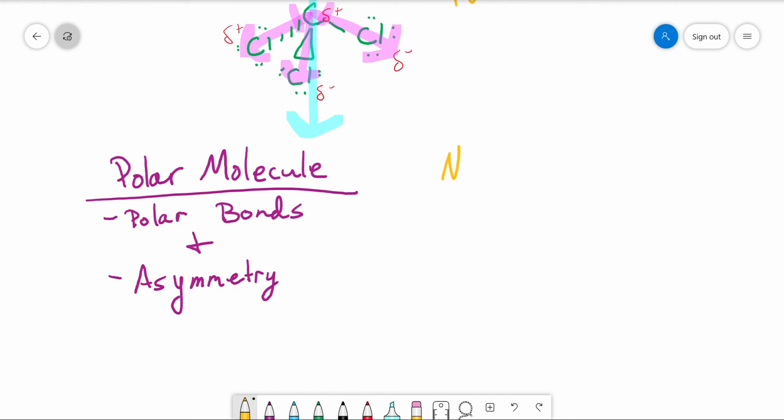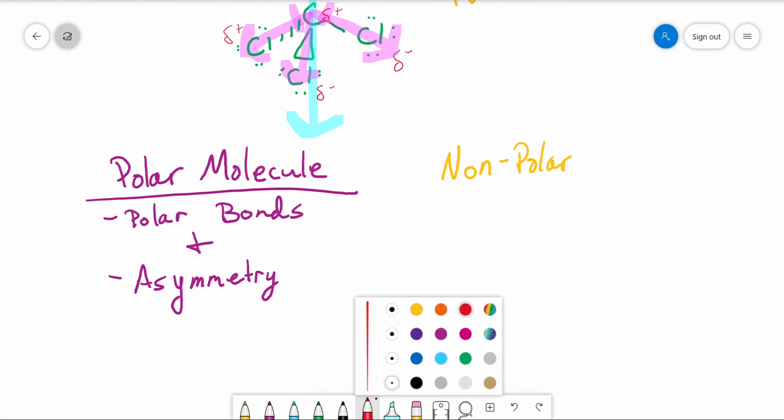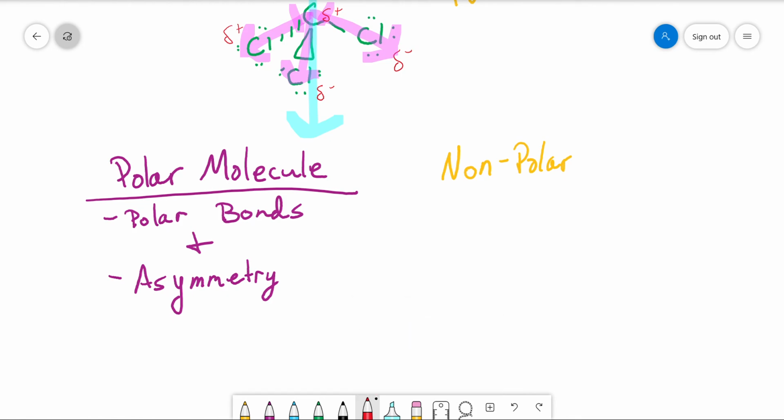And for a non-polar molecule, I'm going to change one thing here. Not really changing it that much. I'm going to emphasize the "or."